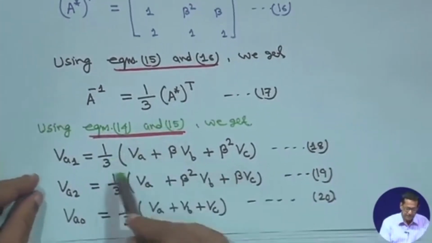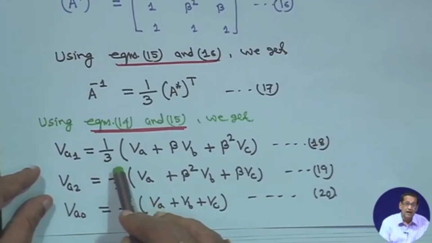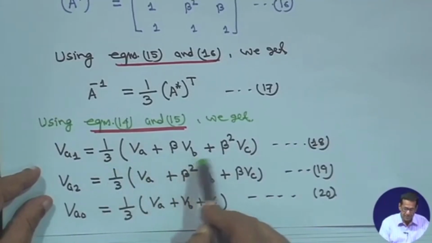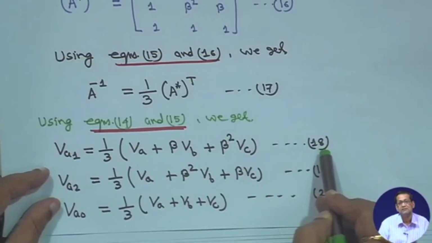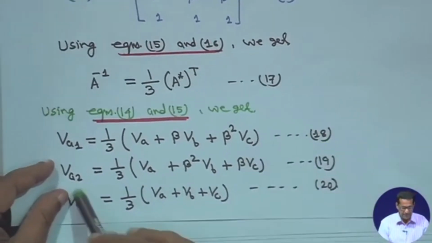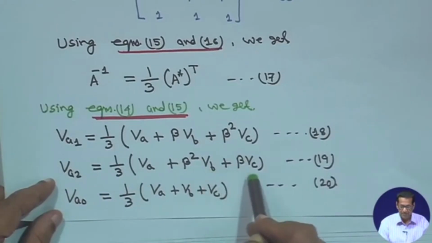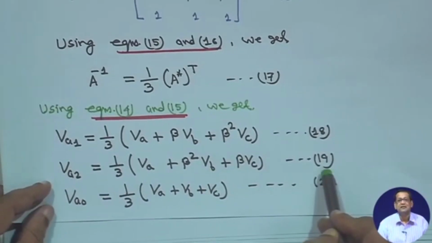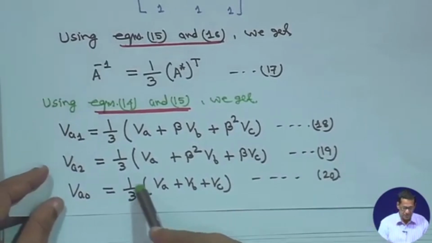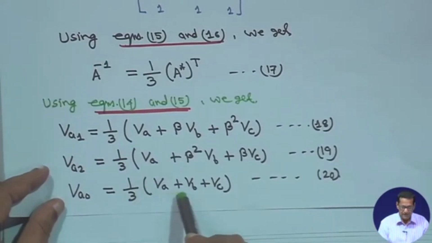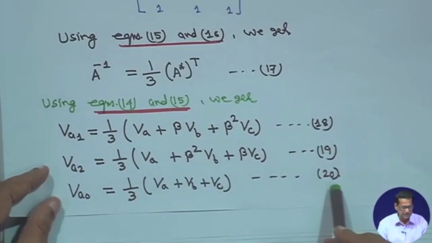So, V a1 is equal to 1/3 (V a plus beta V b plus beta square V c), this is equation 18, and V a2 is equal to 1/3 (V a plus beta square V b plus beta V c), this is equation 19, and V a0 is equal to 1/3 (V a plus V b plus V c), this is 20.